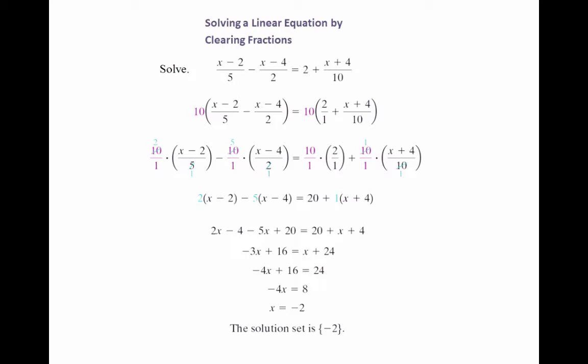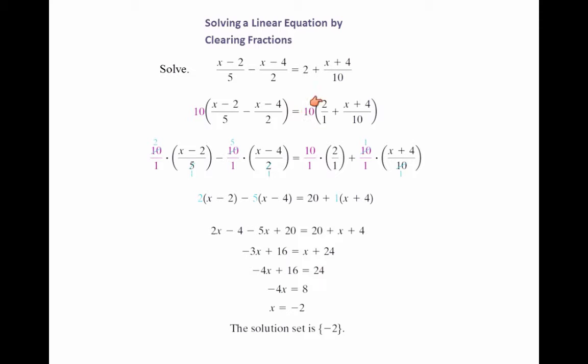Solving a linear equation by clearing fractions. Here we have 5, 2, 10. What is the LCD among all these? 10. If I multiply each term by 10, quickly you can see I can eliminate all the fractions. 10 over 5 becomes 2. 10 over 2 becomes 5.